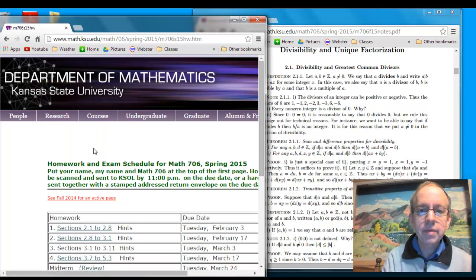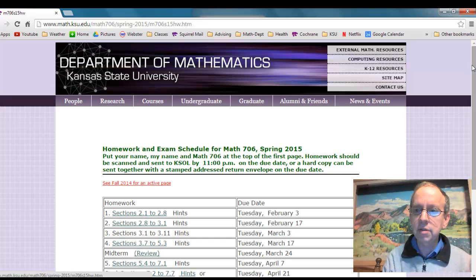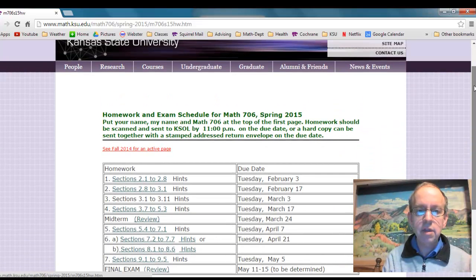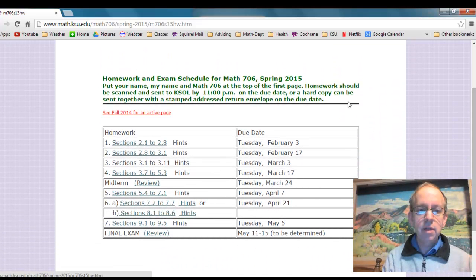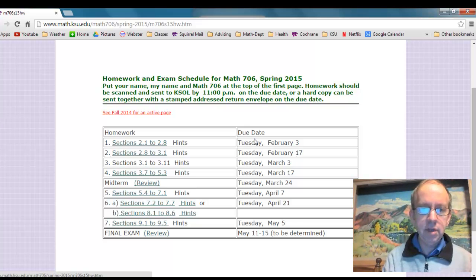homework. Okay, so as I said, every 2 weeks you should turn in a homework assignment. You can either mail it to me or scan it and send it directly to K-State Online by the due dates here. And I'll try to post some hints to the homeworks.